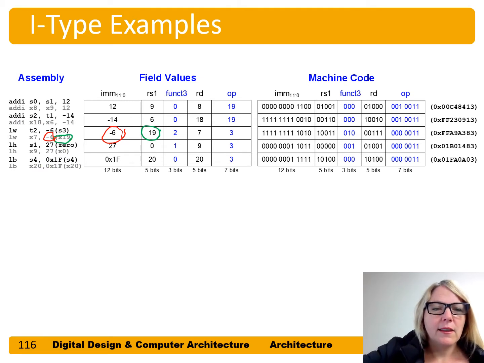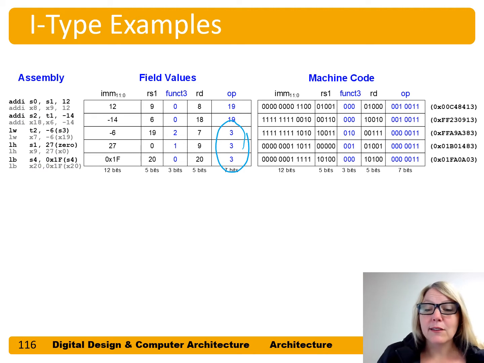And then our destination where we're going to load that is T2 or register 7, X7. Our opcode and funct3 fields tell us that this is a load word. You'll notice for the load instructions, the opcode is the same, the 7-bit representation of 3, and for the funct3 field, 0 is load byte, 1 is load half, and 2 is load word.